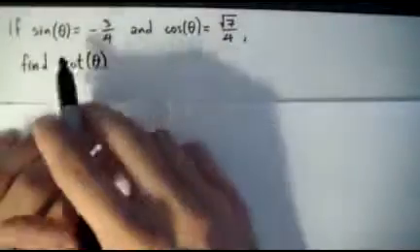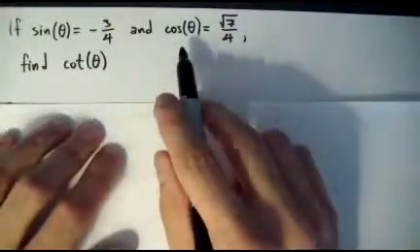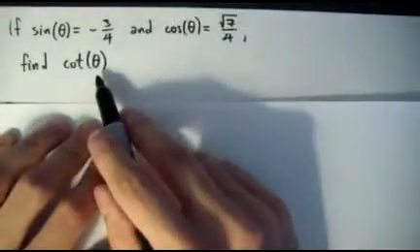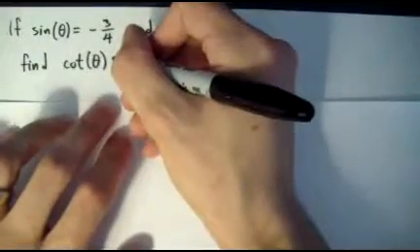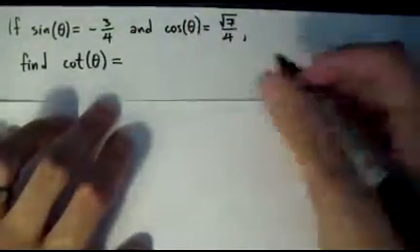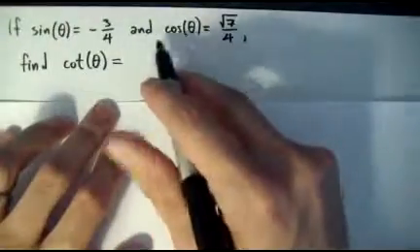So now we're told what sine of theta and cosine of theta are, and we want to know what cotangent of theta is. Well, now again we use a quotient identity. In this case, the quotient that we're interested in is that cotangent is cosine over sine.